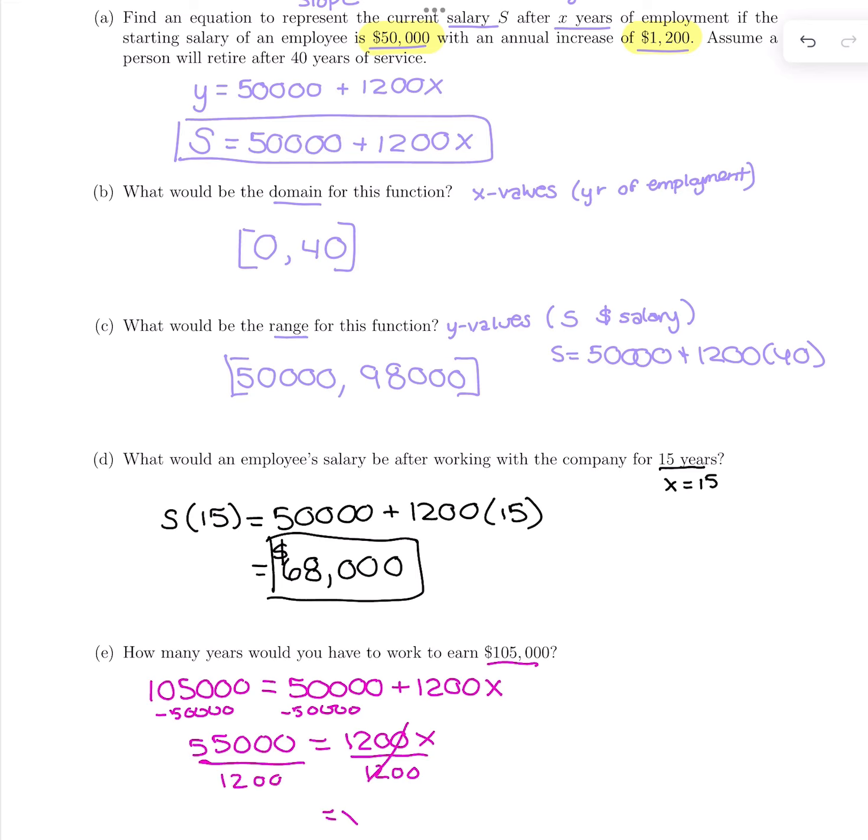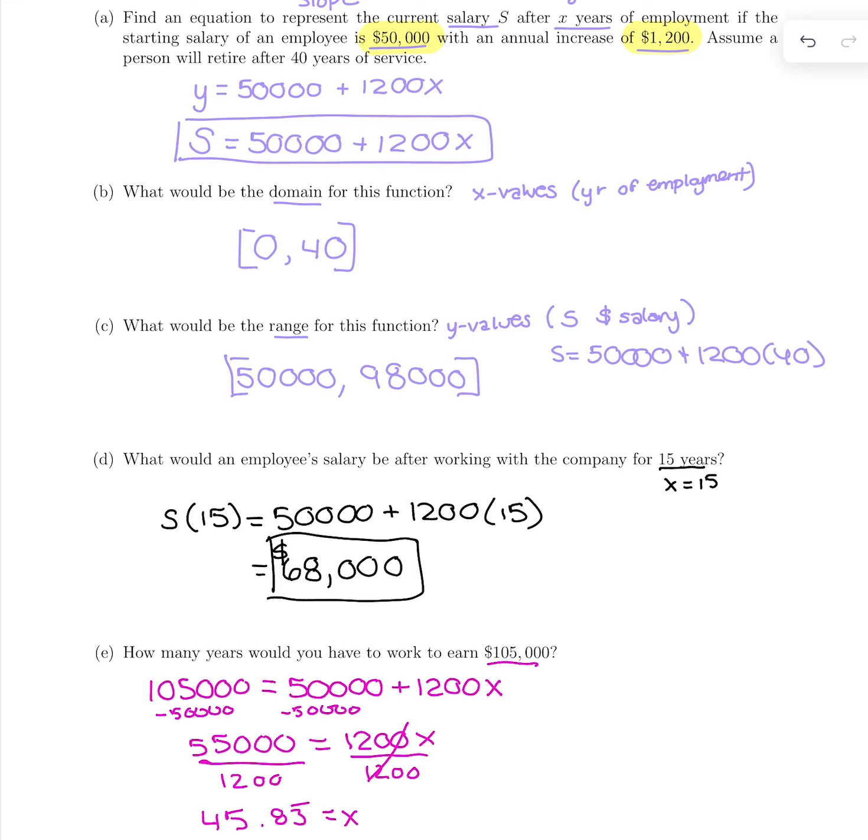So to get x by itself, we do 55,000 divided by 1200, and it's going to take 45.83 repeating years. So over that 40 years where they're supposed to be retired, it would take 45 years to be making that 105,000.